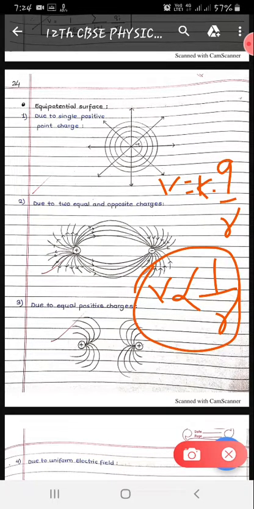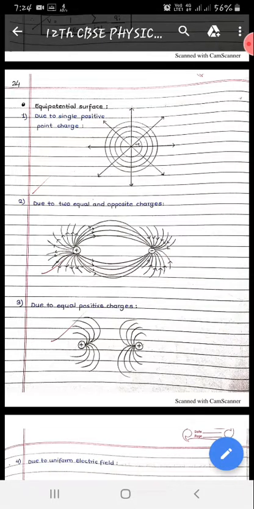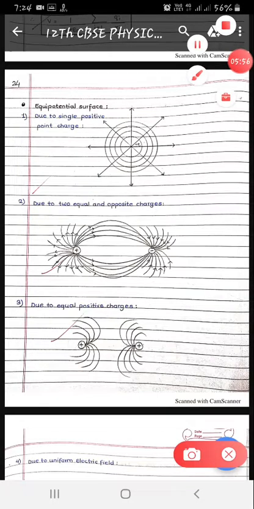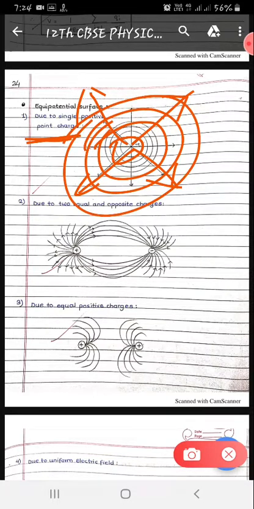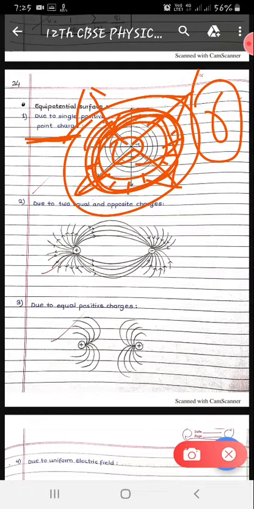Now if you describe the electric potential due to a single isolated positive point charge, we know the electric field goes radially outward from it. If you draw concentric circles with increasing radii, then for a particular circle the electric potential is the same, because for that circle R is constant, and that's why the electric potential is also constant.